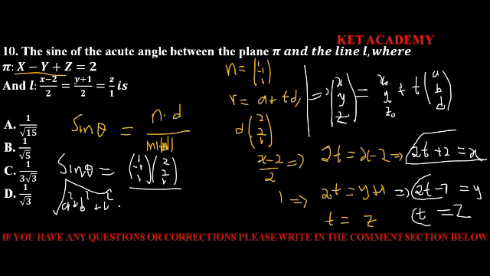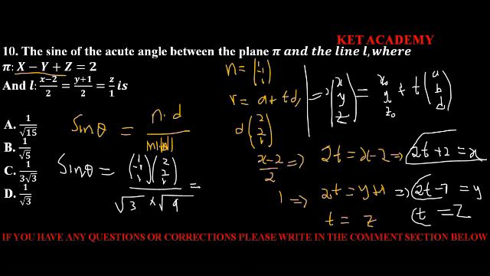We apply this formula for the values of n and d. Here the norm of n is the square root of 1 squared, which is 1, plus negative 1 squared, which makes 2, plus 1 squared, which makes 3, so it will be root 3. Now times the square root of 2 squared is 4, plus 2 squared makes 8, plus 1, which gives us 9.